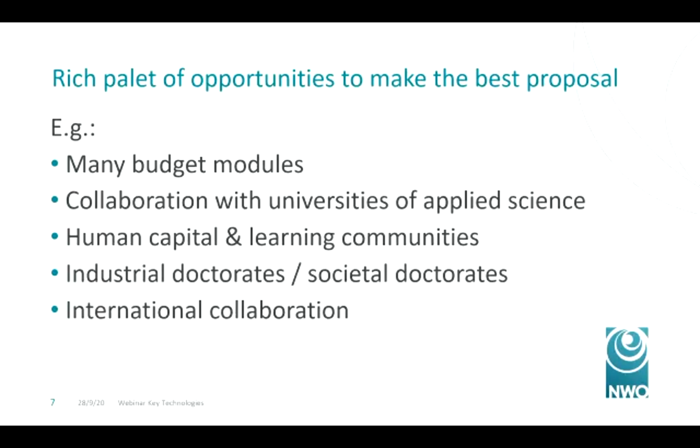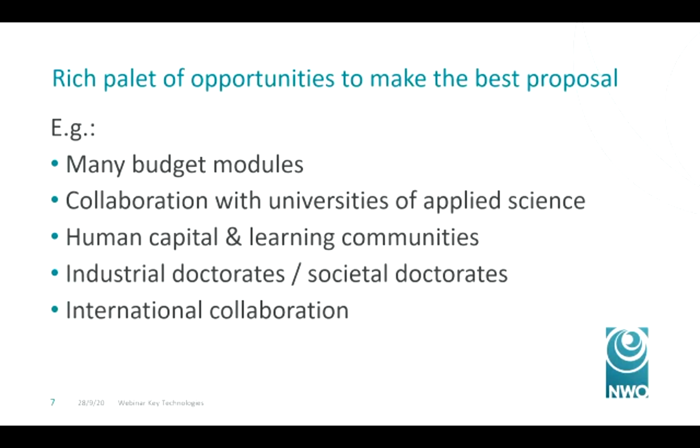As I said, collaboration with universities of applied science is encouraged. We also like you to think about involving human capital or learning communities, or to connect to all kinds of existing initiatives, because for innovation, human capital is very important. Then there are, for example, possibilities to make use of industrial doctorates, societal doctorates, and options for international collaboration.